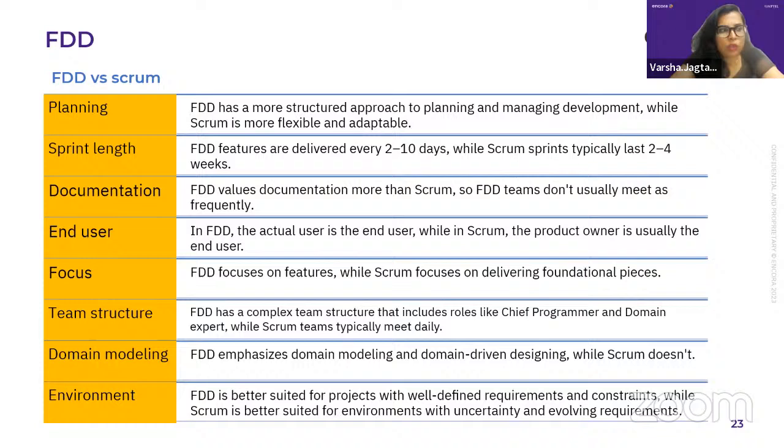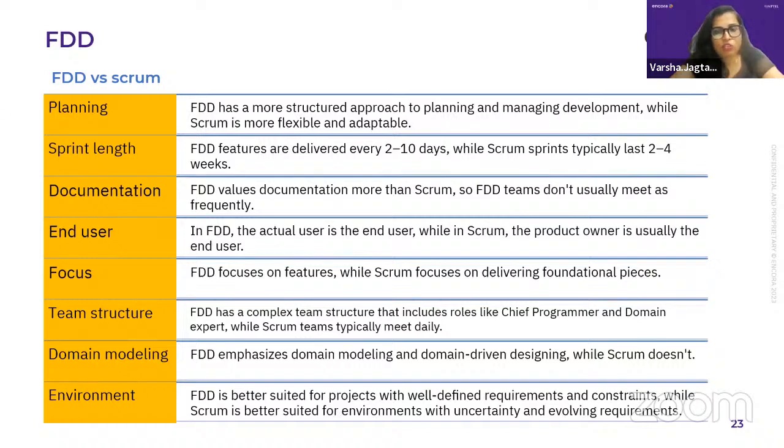Basically, you won't talk much about this pre-planning phase, or sorry, designing approach in detail when we talk about Scrum. While FDD has a structured approach toward planning and managing development. Why are they saying this? Because they have told you in detail how you would do your domain object modeling and how you would proceed further. So that detailed approach they have given to planning.